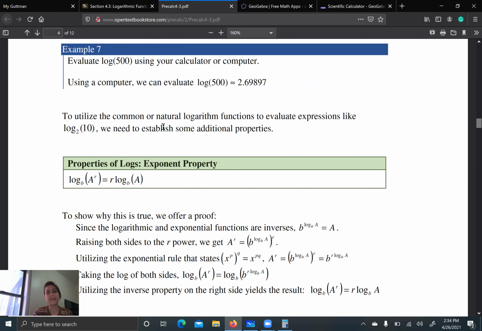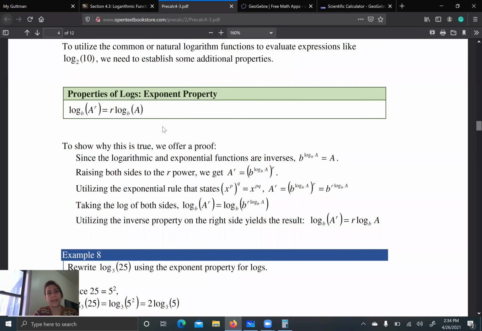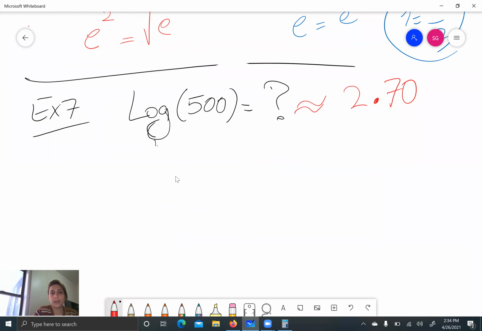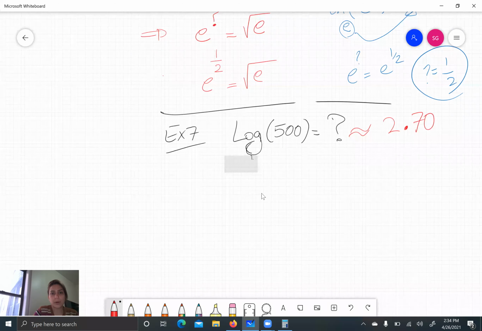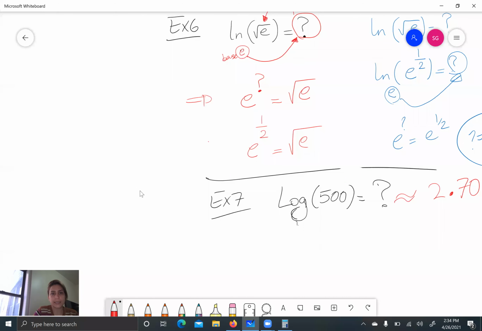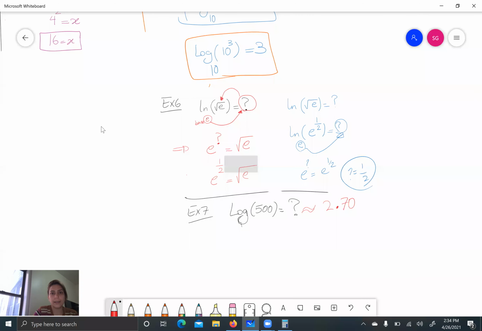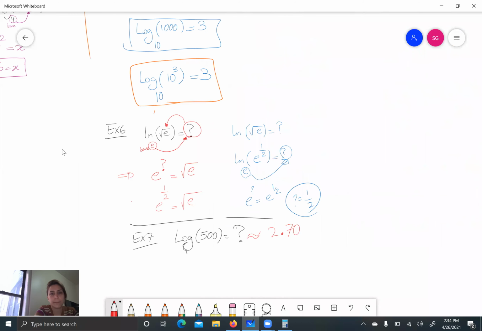So now let's look at some of the properties of logarithmic functions, because they're going to help us when we solve equations. One of the properties, I think you already saw it in some of the examples. Look at here. What do you see here?